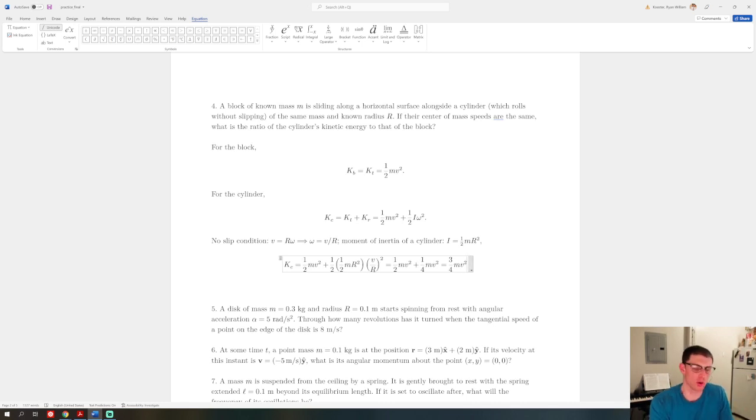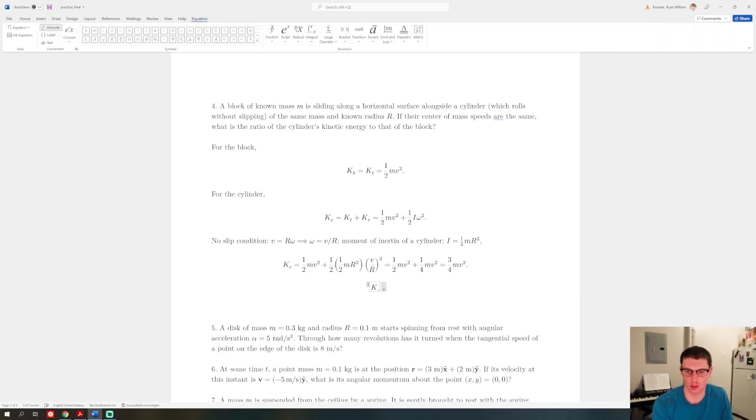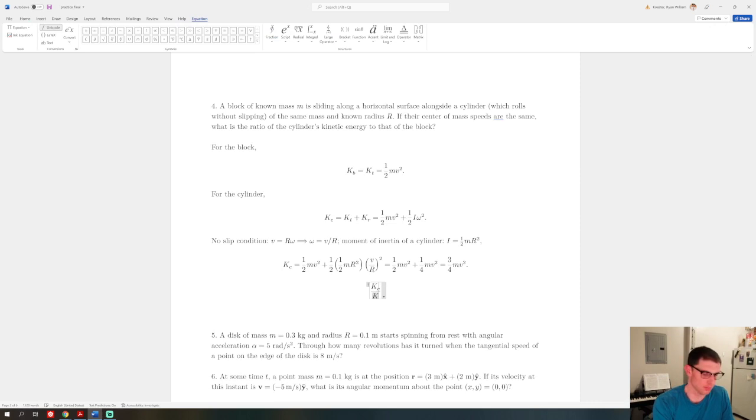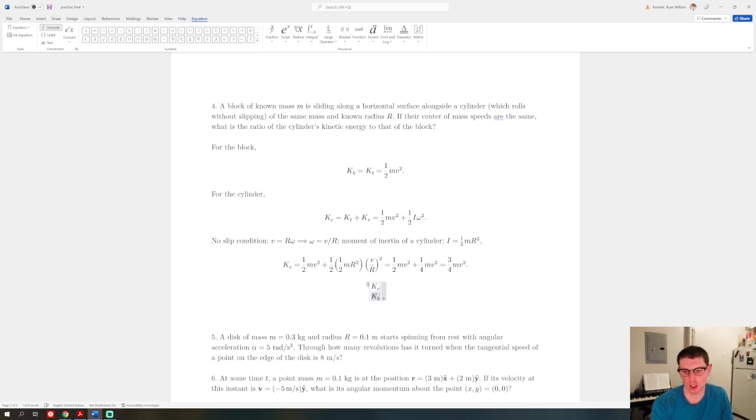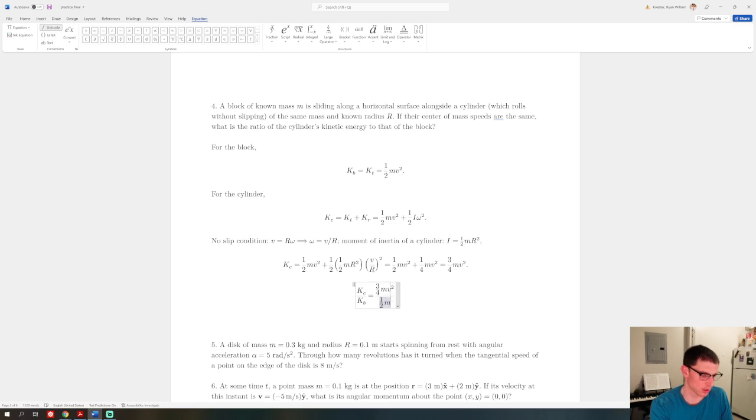So then we take the ratio, right? So the cylinder over the block, and this works out to be 3/4 mv squared all over 1/2 mv squared, right?